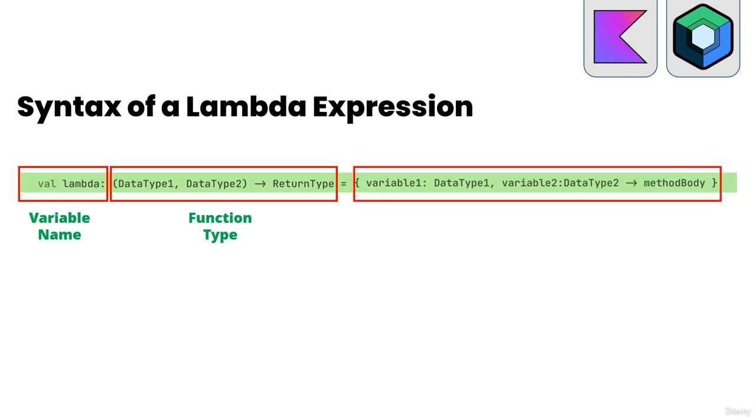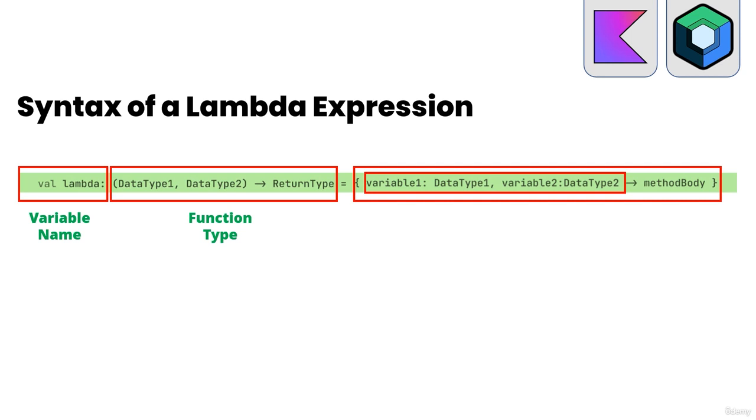Here we have an equal sign, and next to the equal sign we have these things inside the curly braces. Here we have variable 1, data type 1. Please notice the data type 1 that we have defined in the function type.